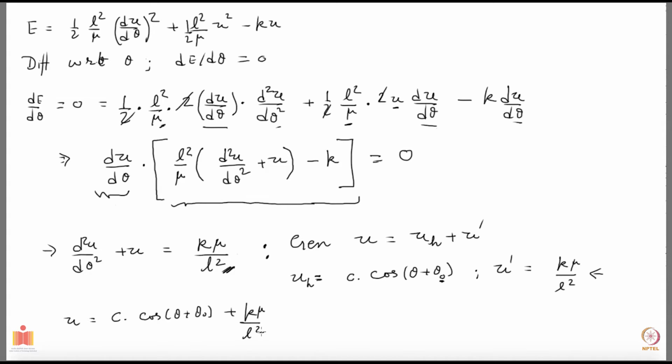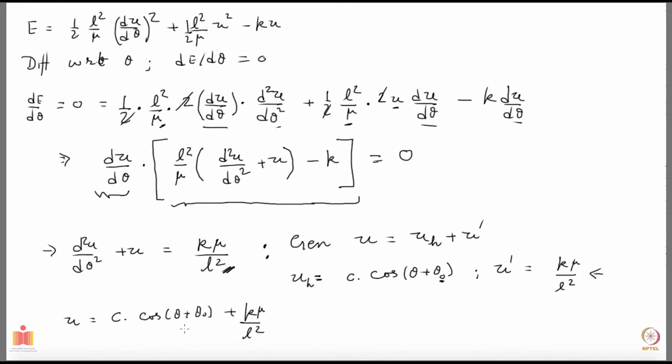So should we expect c to be an arbitrary constant, or will it get determined by the energy and angular momentum in the problem? So I will encourage you to think about it and convince yourself that c cannot be arbitrary. Anyway, I'm going to explicitly determine it.